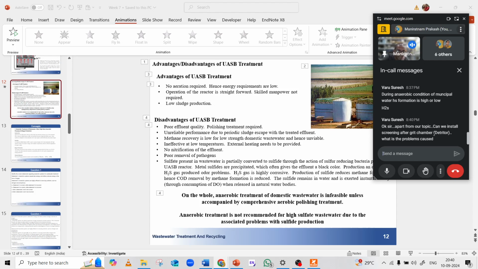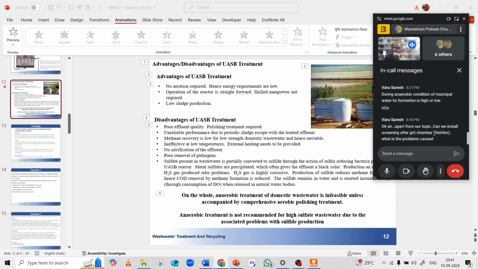No. First, you have to place a screening chamber, then the grit chamber. Because a screening chamber is to remove larger boulders and particles. The grit chamber name itself suggests that there will be removal of grit particles in the range of maybe 3 mm to 5 mm.